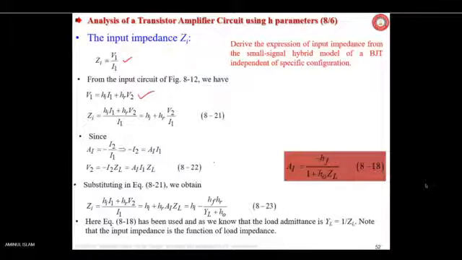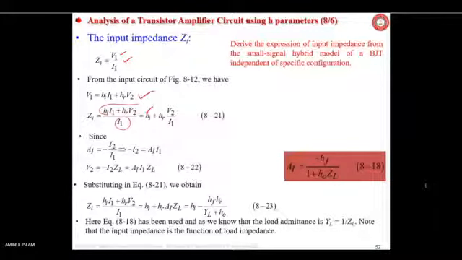Okay. So ZI can be written as this, V1 value is put here, and then divided by I1. So in the first term, I1 gets cancelled. You get HI plus HR by V2 by I1.